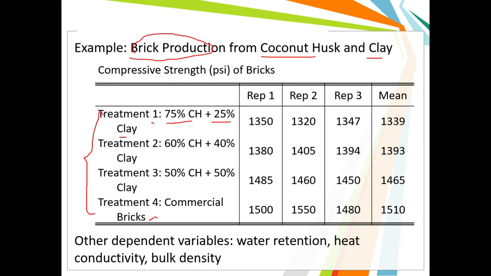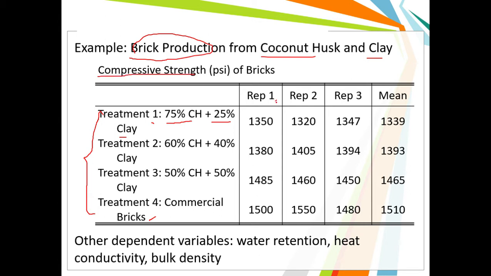So isang independent variable, isa because nga mixing ratio lang. Okay, walang ibang independent variable. Pero apat ang treatments, no? Because apat specific value naman yung ating treatments ng ating independent variable. So isang independent variable na mixing ratio. So yung ating dependent dito are the result. Okay, in this case, yung result niya is the compressive strength.